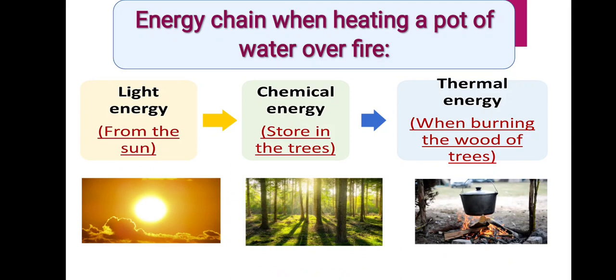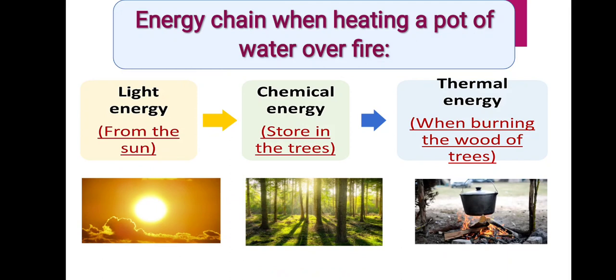Okay, number 2, the energy chain when you heat the water, when you boil some water. At first, any energy chain starts with the sun. Excellent. Primary 4. So the sun gives me light energy. The plants and the trees take this light energy and change it into chemical energy stored inside them, right?